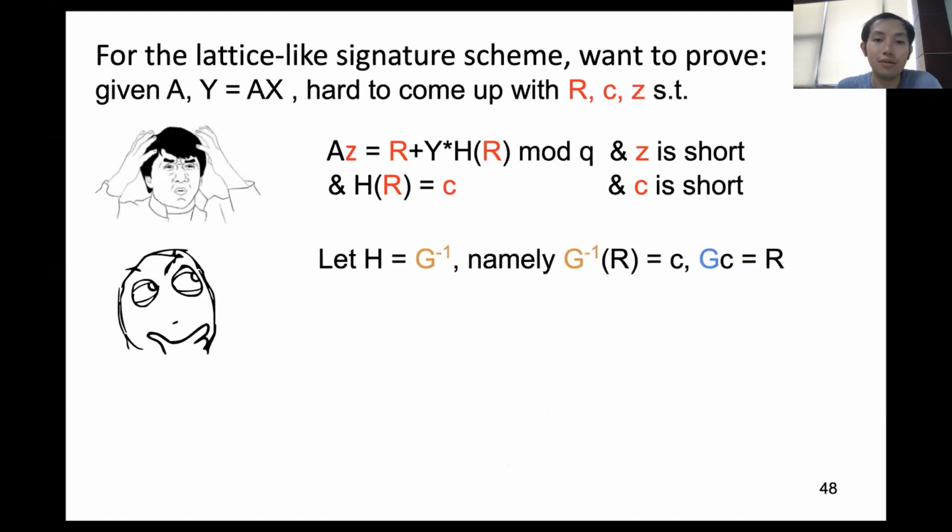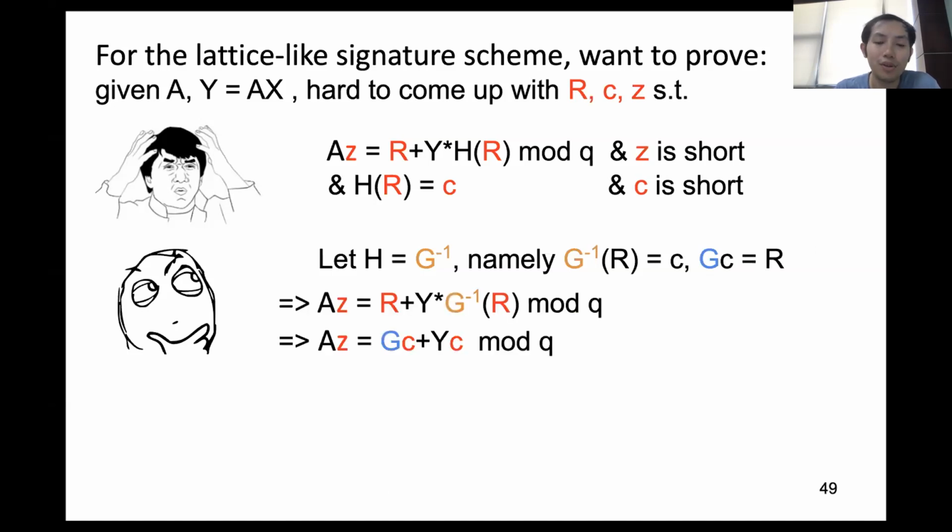Let us see what happens if we put the G inverse function into the Fiat-Shamir transformation. If G inverse of R equals C, this means G times C equals R, where G is the power-of-2 matrix, the 1, 2, 4, 8 matrix.